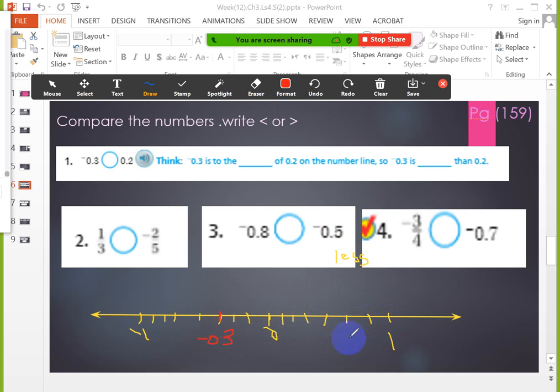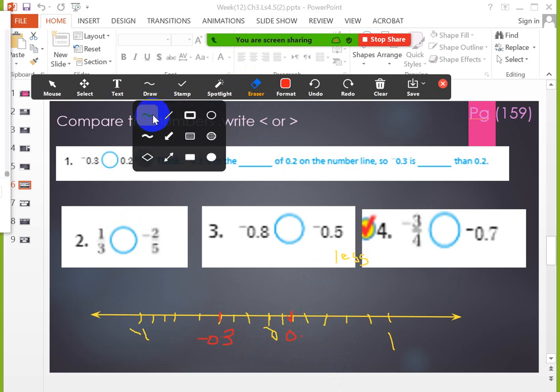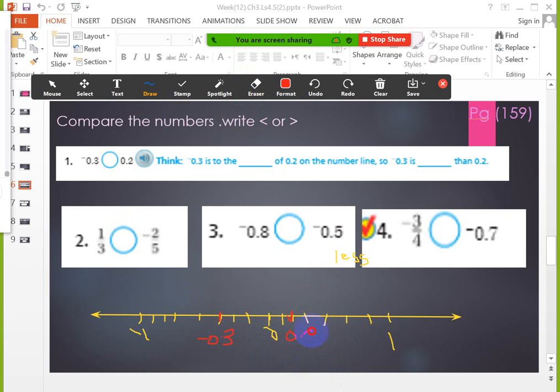This is 0.2. Which one is the greater, girls? According to the direction, of course 0.2 greater than negative 0.3.